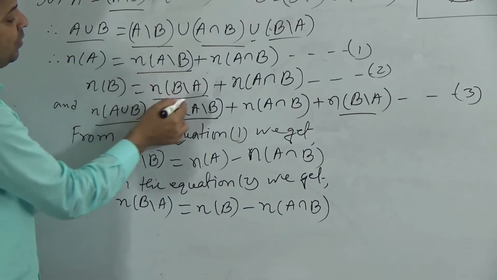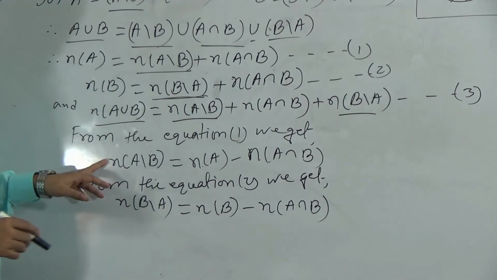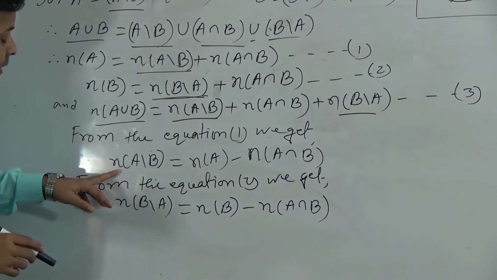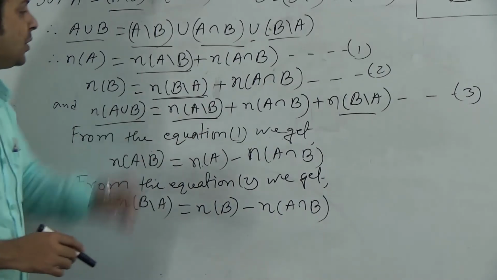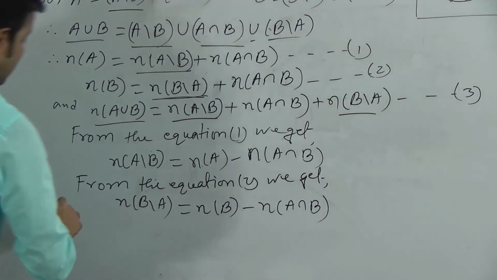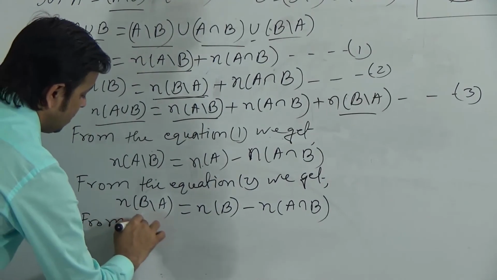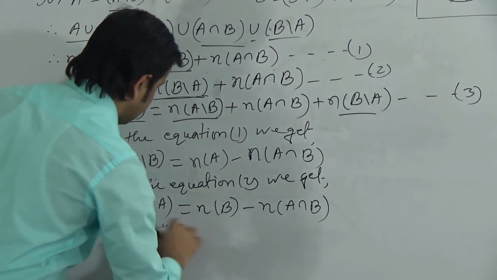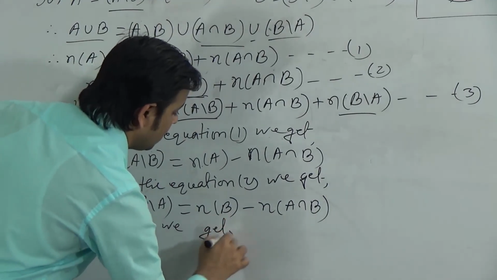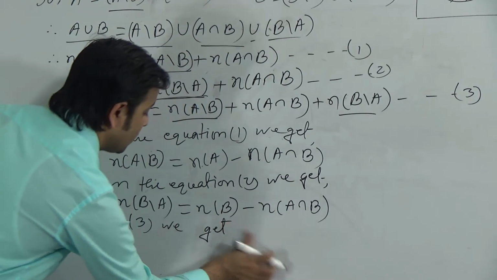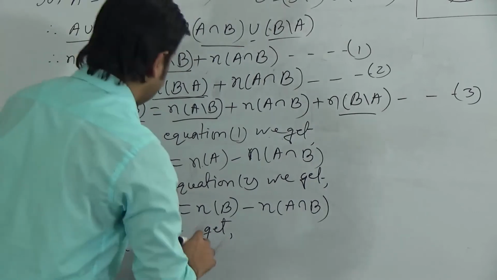We are determining the value of this one and this one to put in equation 3. Now if we put the value of number of elements of A delete B and number of elements of B delete A in equation 3, what will we get? So we can write from 3 we get number of elements of A union B. So we can put the value here.